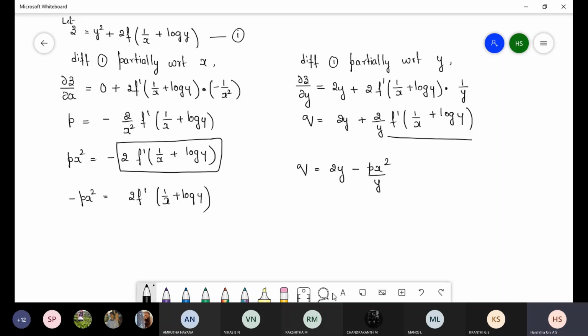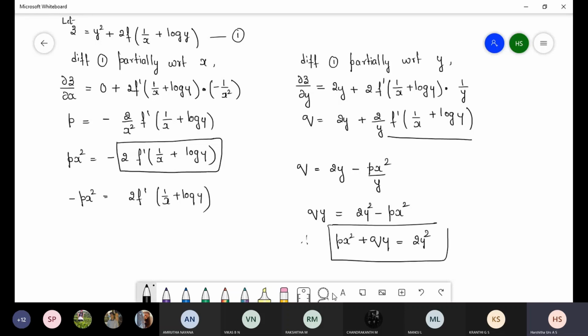Cross multiply, take the LCM, so it becomes qy is equal to 2y square minus px square. Therefore, px square plus qy is equal to 2y square. This is the required partial differential equation.